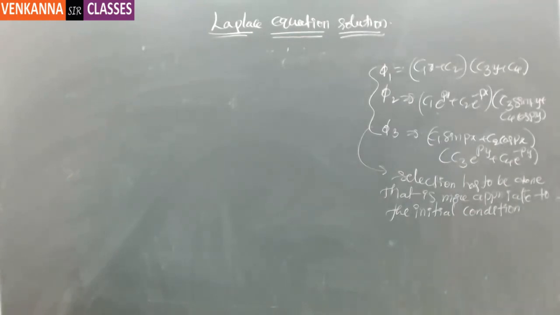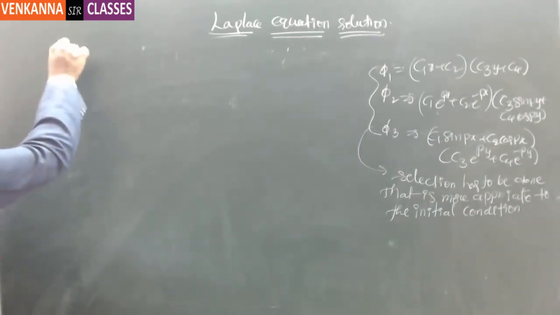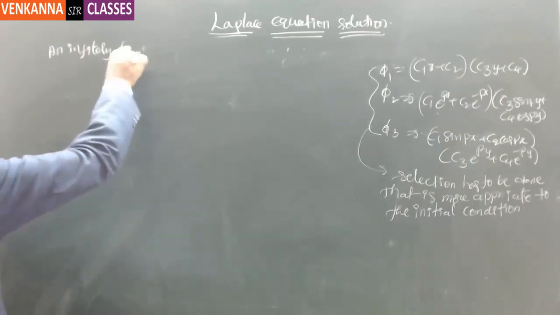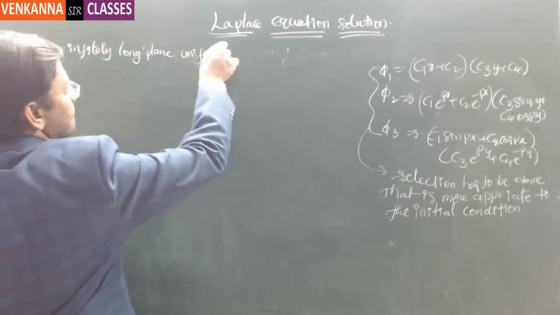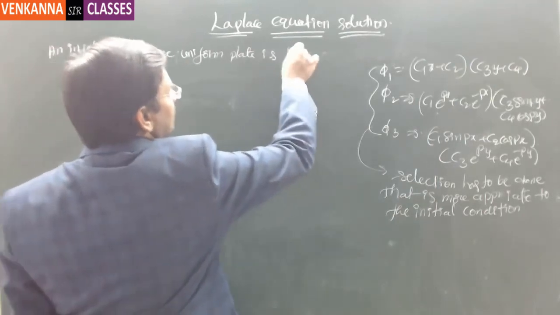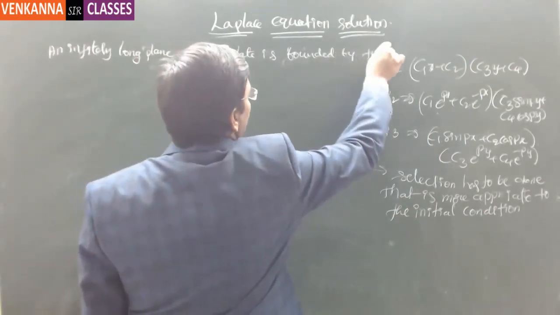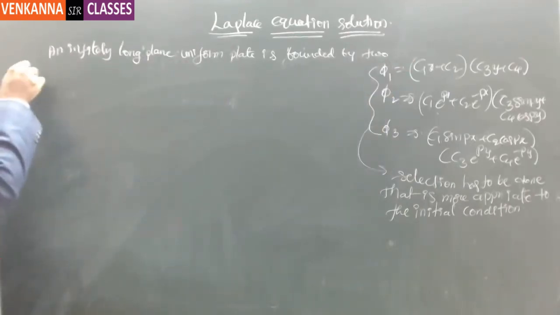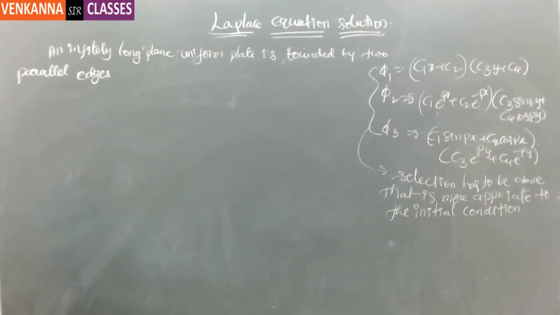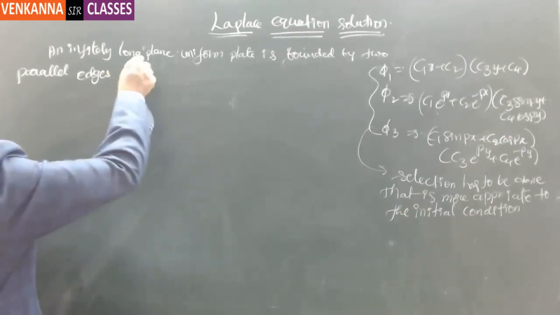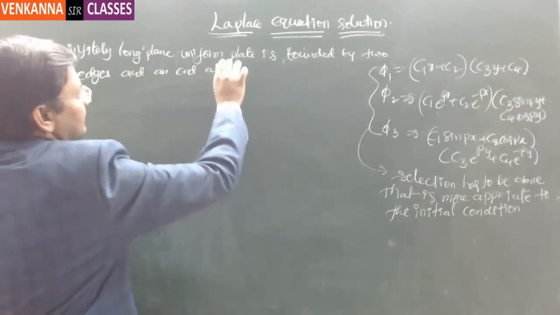An infinitely long plane, uniform plate is bounded by two parallel edges and an end at right angles to them.